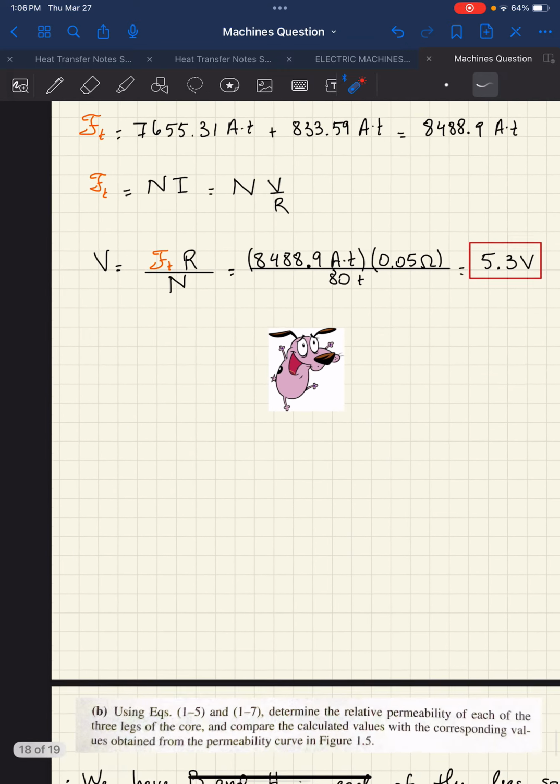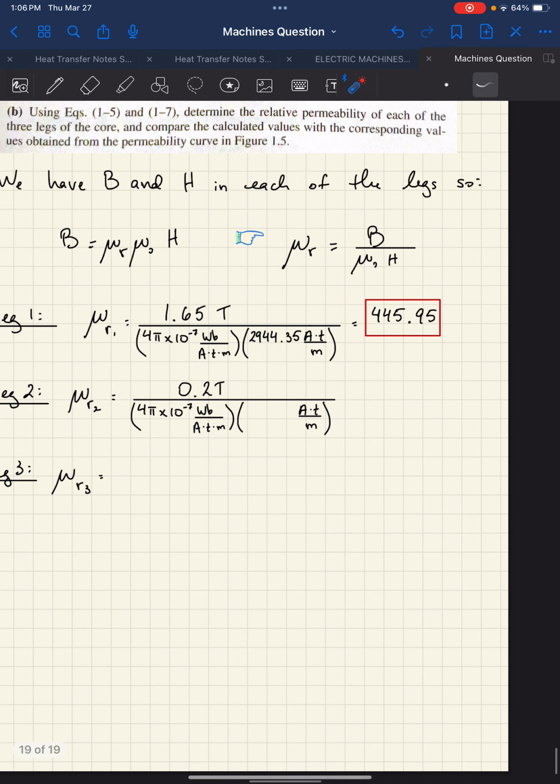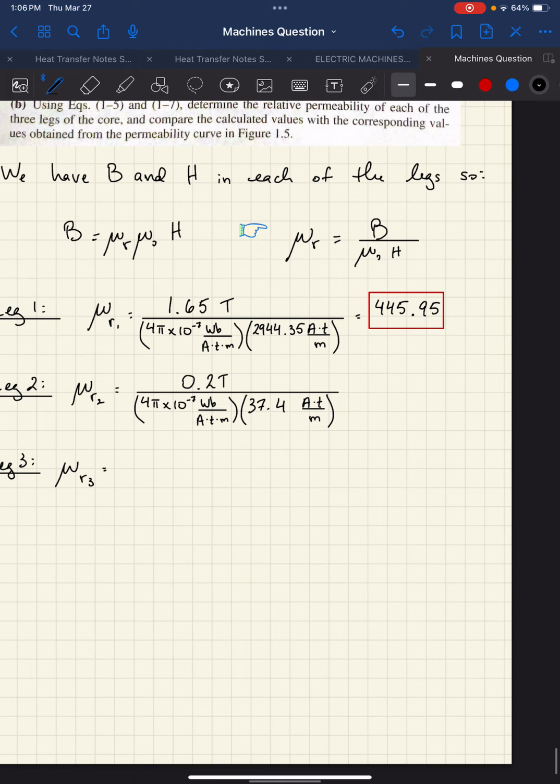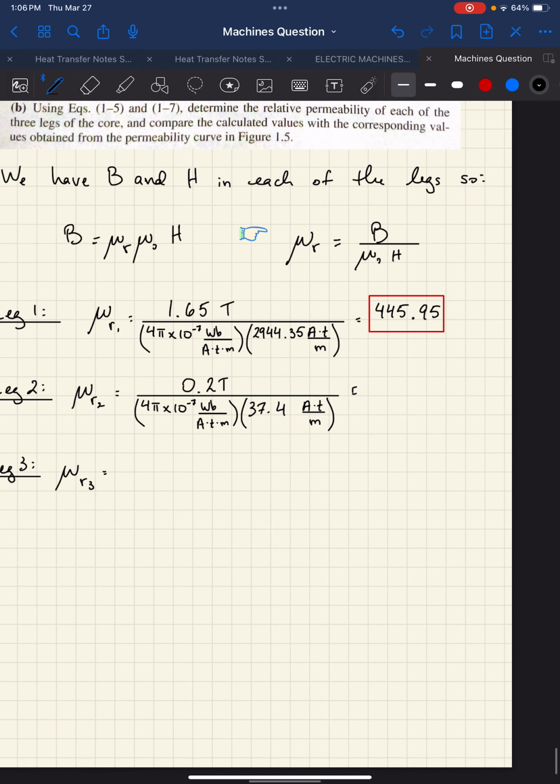So we put here 37.4, and this should turn out to be 4255.34.